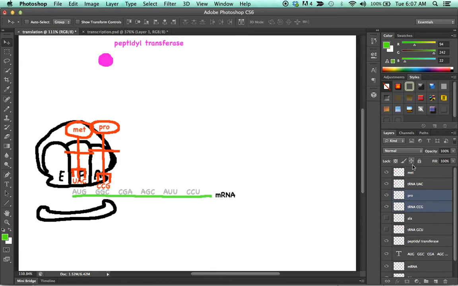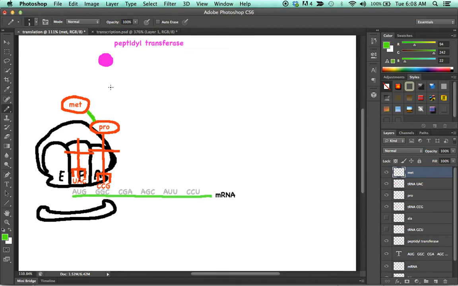What peptidyl transferase does is to catalyze, or to form, peptide bonds between these two adjacent amino acids. Can you see this? So in this case, methionine gets detached from its tRNA molecule and is bound to proline instead.